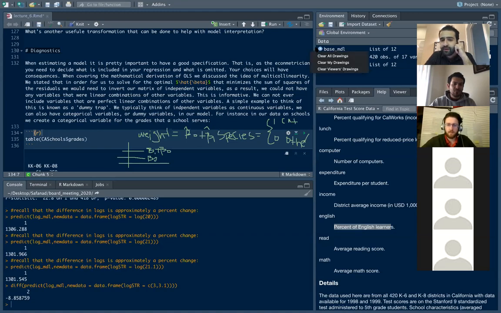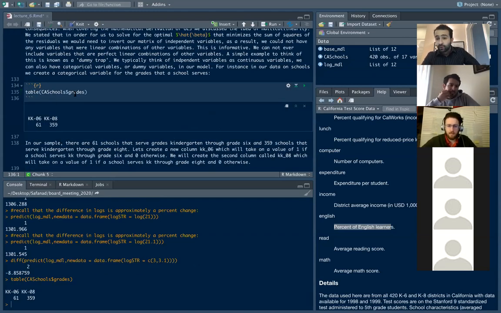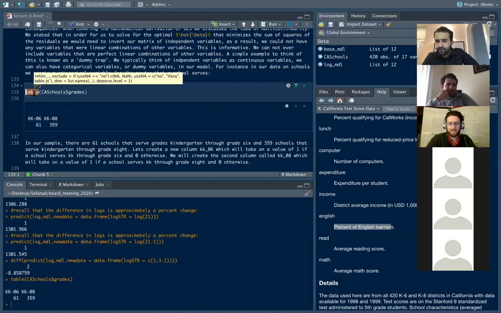Okay. Let's go through another example, going back to our data set for schools. Inside of this data, we have this categorical variable, grades. It tells us which grades the school serves. There are 61 schools, so a table will tell us how frequently a categorical variable occurs.